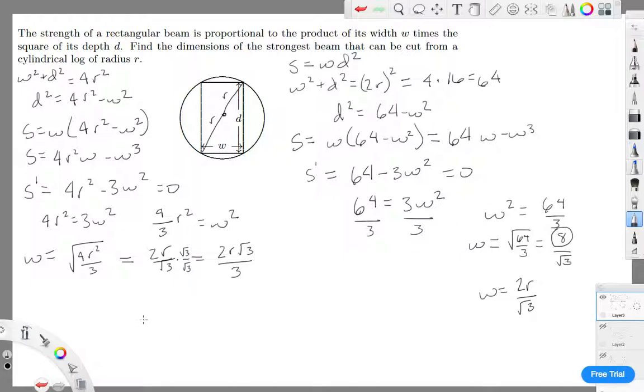And we can easily solve for d. We've got d squared. D squared is equal to 12 minus 4 r squared over 3, which is equal to 8r squared over 3. We'll take the square root and we get d is equal to 2r root 2 over root 3, right?